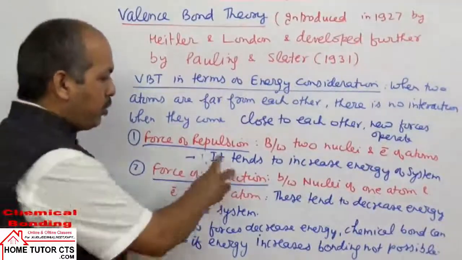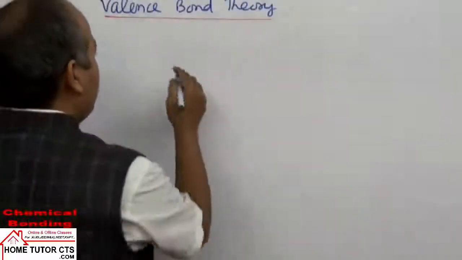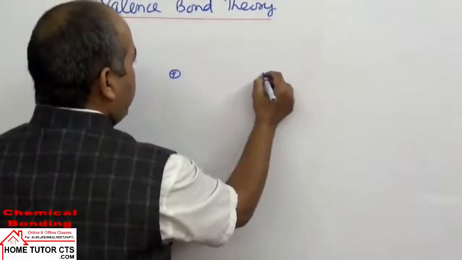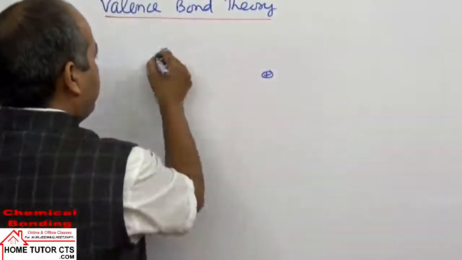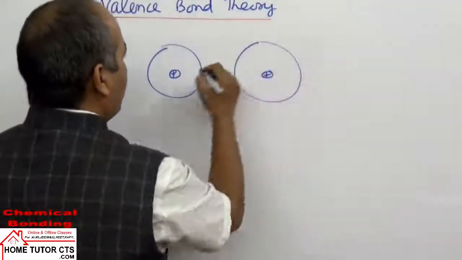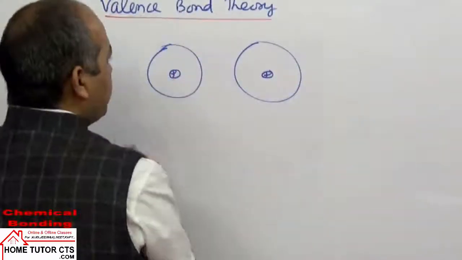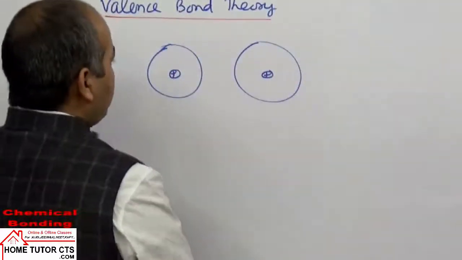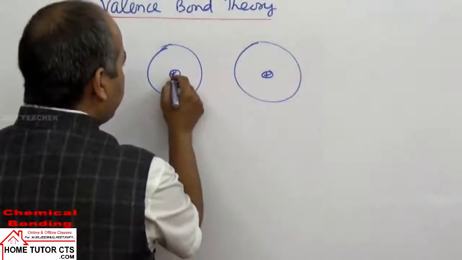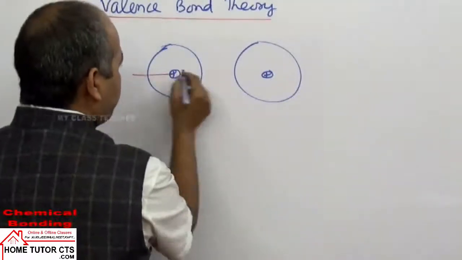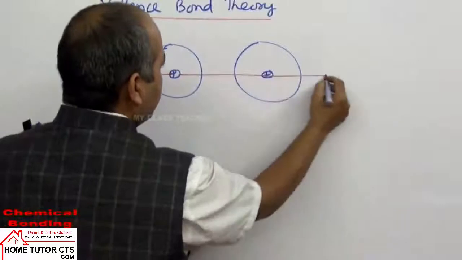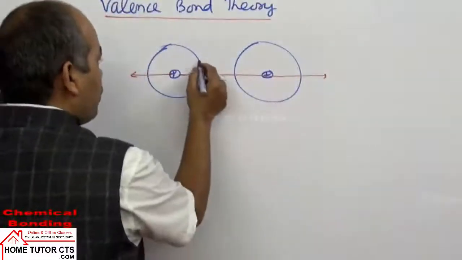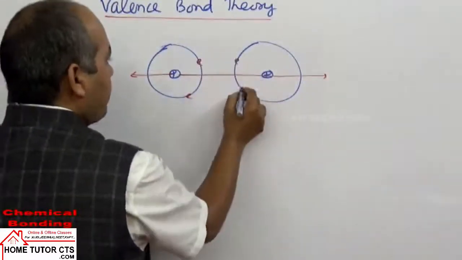Now let us explain this point. Suppose we take the nucleus of one atom and the nucleus of the second atom, with electrons in the outer shell. Repulsion takes place where the nuclei repel, and the electrons also cause repulsion.